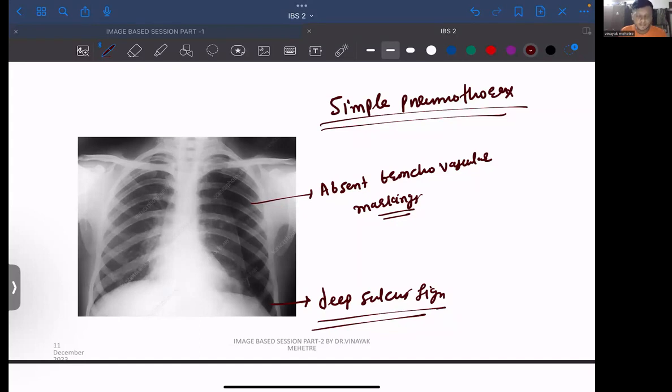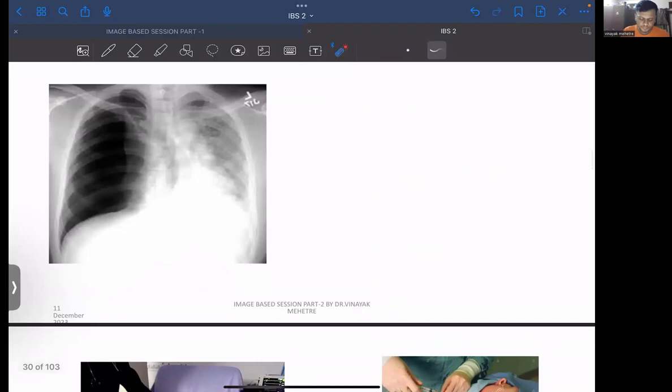समझ आया? हार्ट अपने नॉर्मल पोजीशन पे है, ट्रैकिया अपने नॉर्मल पोजीशन पे है. That means there is no mediastinal shift. अब टेंशन न्यूमोथोरैक्स में क्या मिलेगा? We will see same features: absent bronchovascular marking, visceral pleural reflection, deep sulcus sign, but heart should be like this, right?